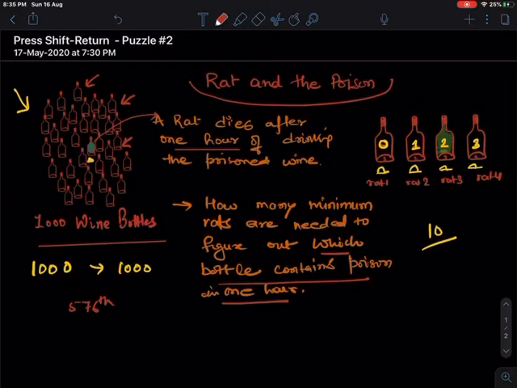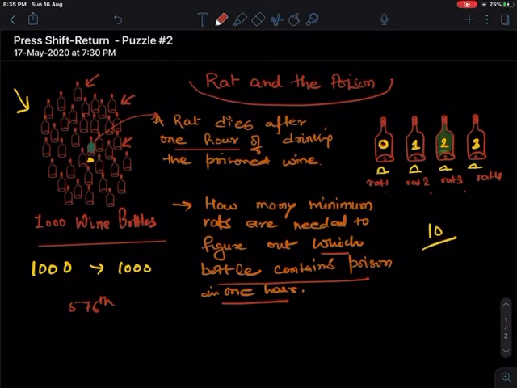We can reduce the number of rats just by converting this problem from decimal to binary. How would we do that? So we have 1 to 1000 numbers. We are using 1000 different numbers to identify these rats, right? We have rat 1, rat 2, rat 3, so we have 1000 rats and 1000 bottles.